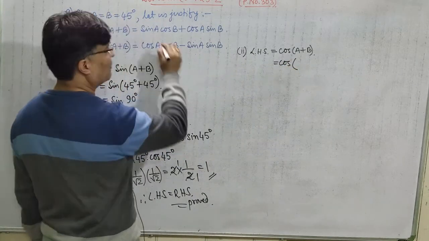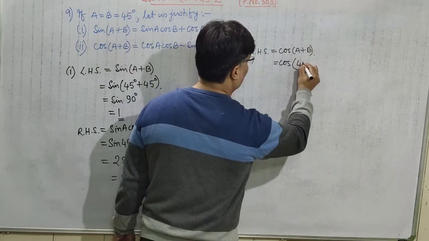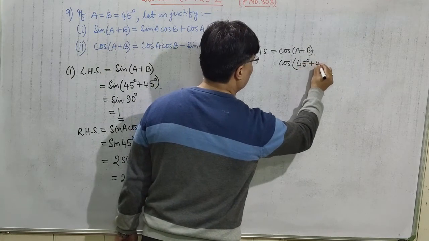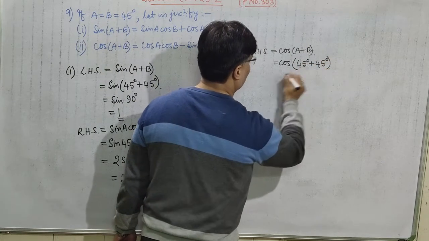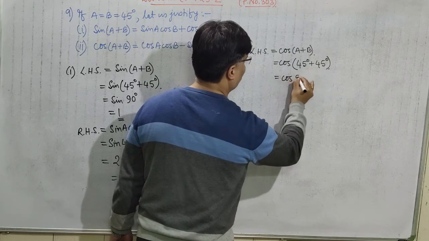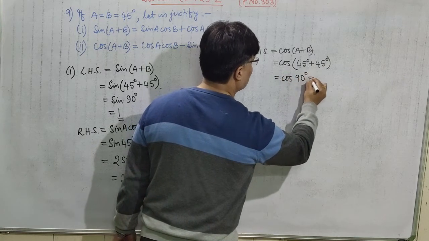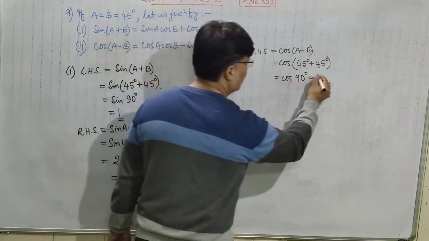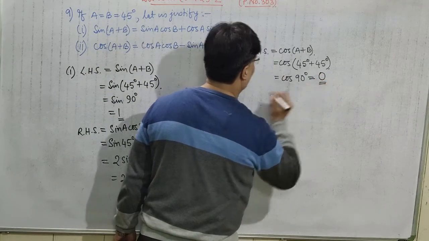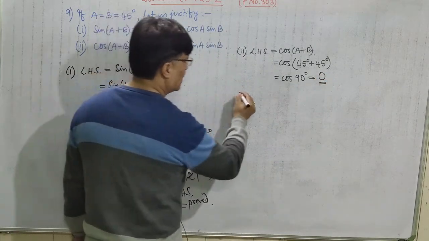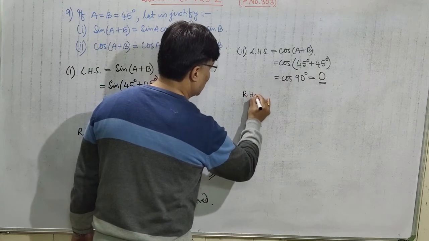Here A is 45 and B is also 45 degrees, which is cos(45 degrees + 45 degrees), which is cos 90 degrees. What is the value of cos 90 degrees? It is 0, right?